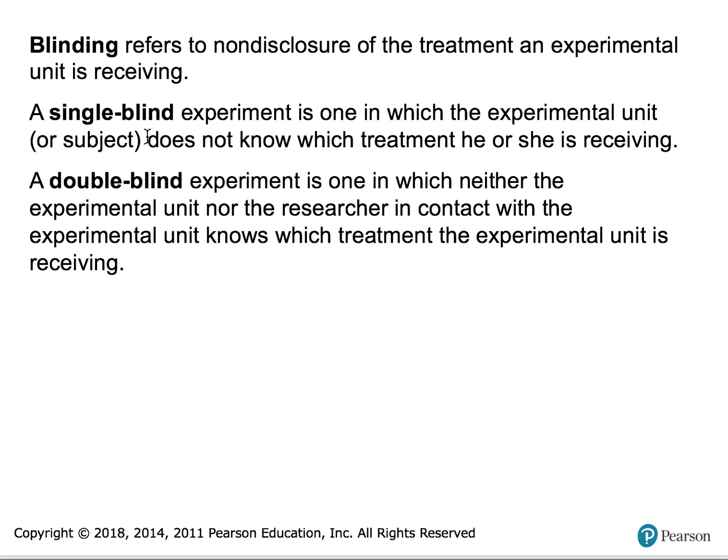A single blind experiment is one in which the experimental unit or subject does not know which treatment he or she is receiving. A double blind experiment is one in which neither the experimental unit nor the researcher in contact with the subject knows which treatment the experimental unit, the subject, is receiving.